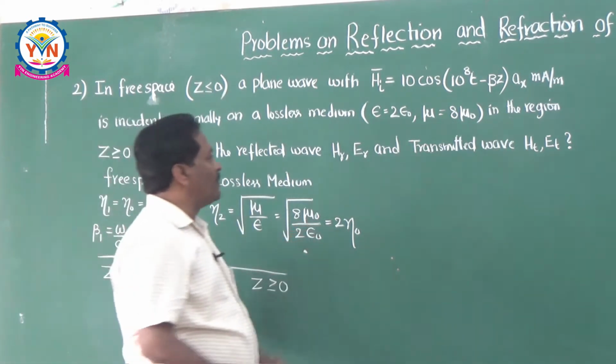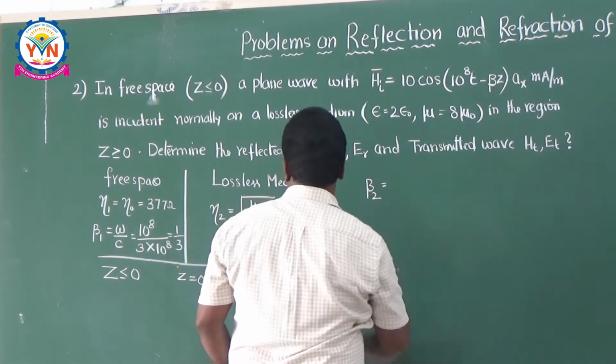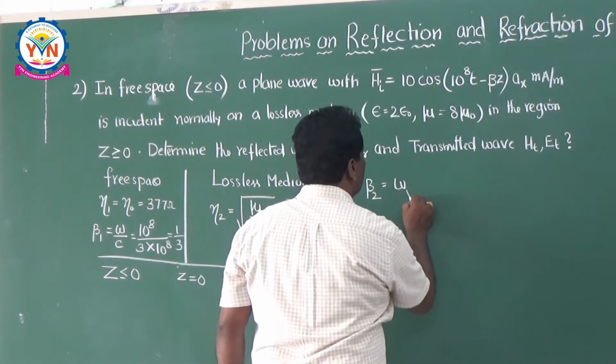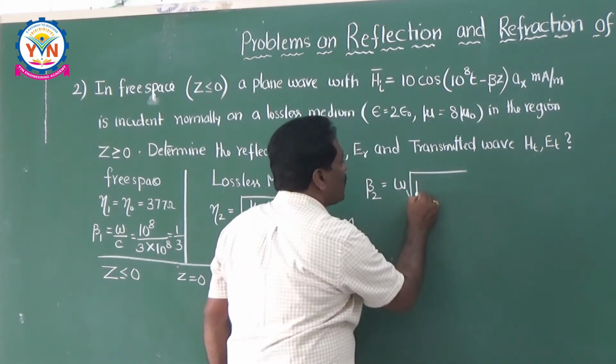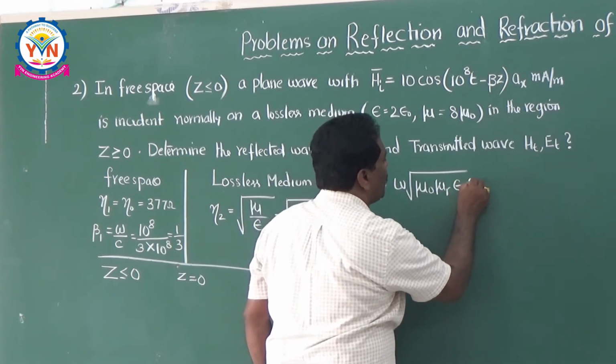Similarly, for this medium, which is a lossless, perfect dielectric medium, beta 2 is equal to omega root of mu naught mu r into epsilon naught epsilon r.